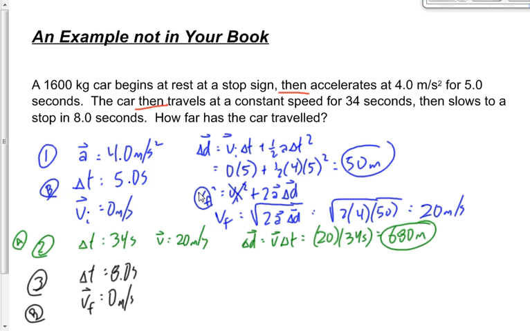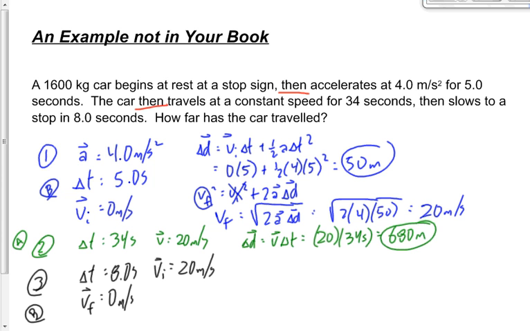Good. The initial velocity here, VI is what? Good. So even though we weren't given that initially in the problem, we found the final velocity at stage 1, which becomes the constant for stage 2 and the initial for stage 3.